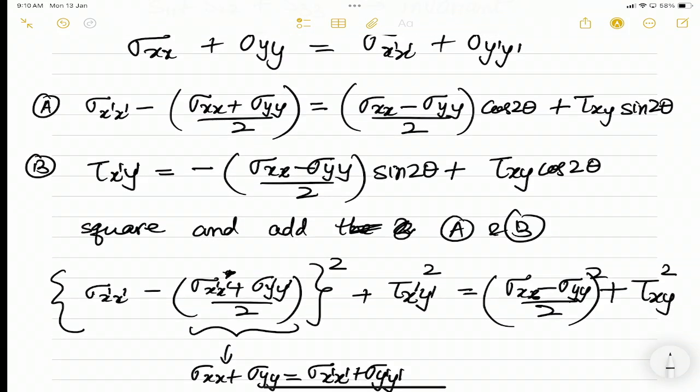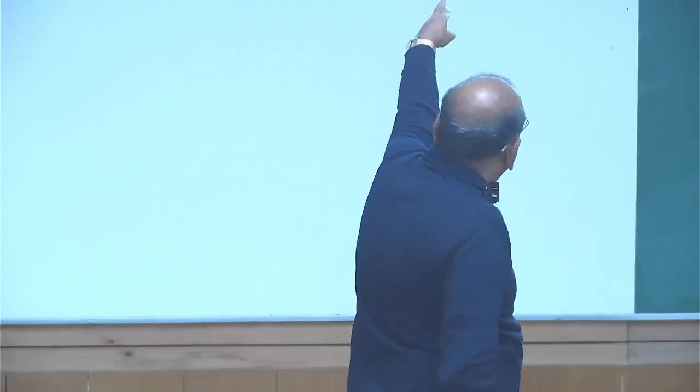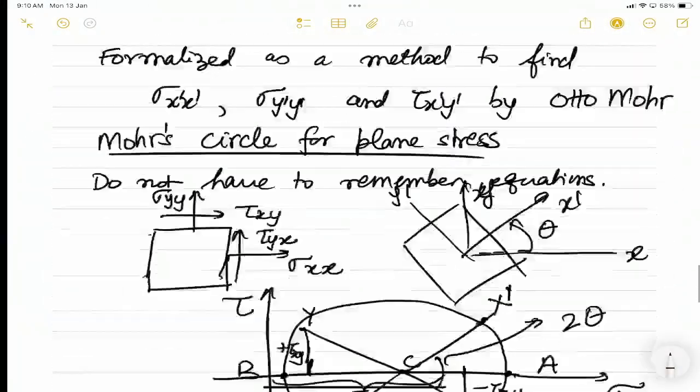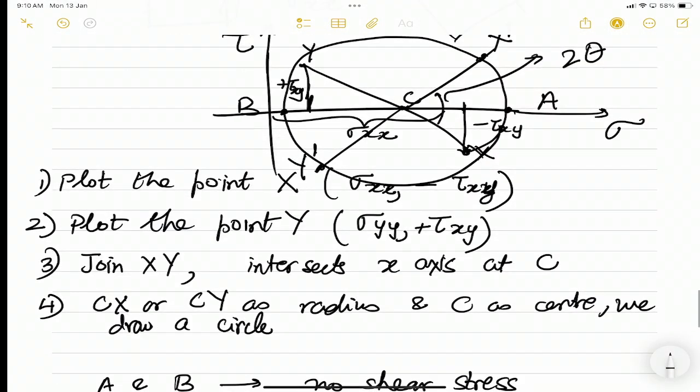So now here, what one sees is, how do we find this theta p? Given sigma xx, sigma xy. So to find theta p, tau x prime y prime has to be 0. So if I put tau x prime y prime equal to 0, I will get the relation for theta p. And this I can also get from this angle. The tangent of angle XCA is theta p. So what's the tangent of this?